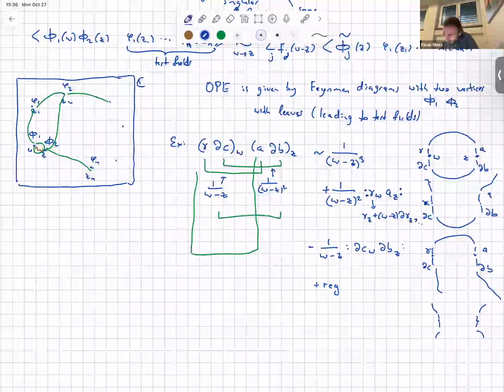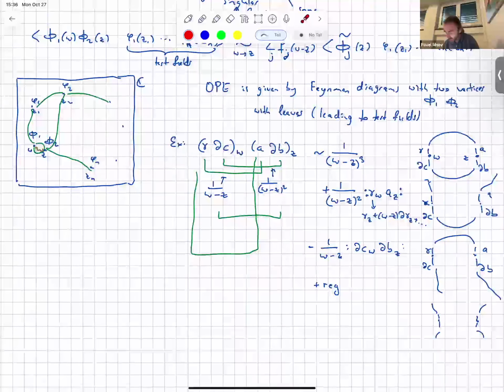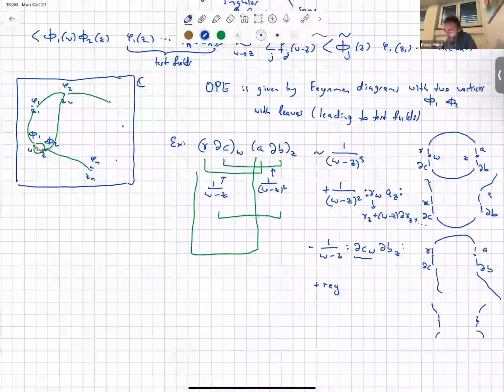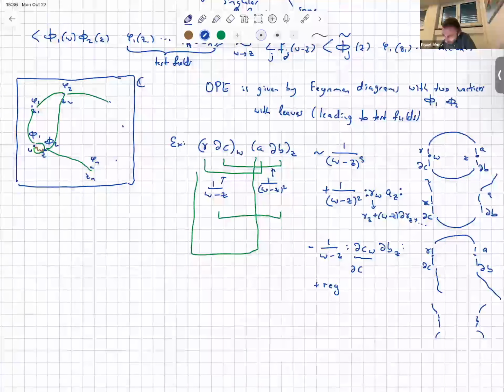Then there will be higher holomorphic derivatives, but they will come with W minus Z squared and so on, so they will be a part of the regular term. So the only part that affects the singular term is this term. And likewise, here I should also expand C at the point Z. So I should replace this by del C at Z plus del squared C at Z times W minus Z, and so on.